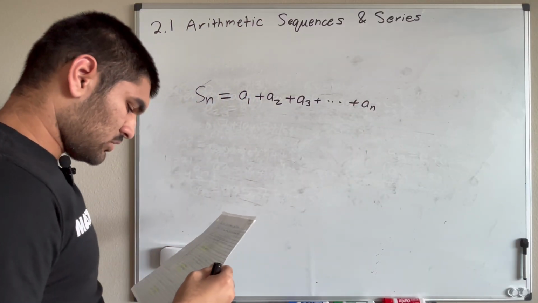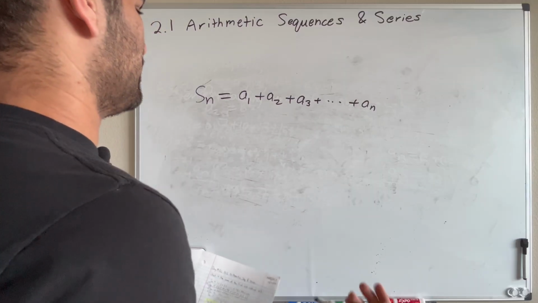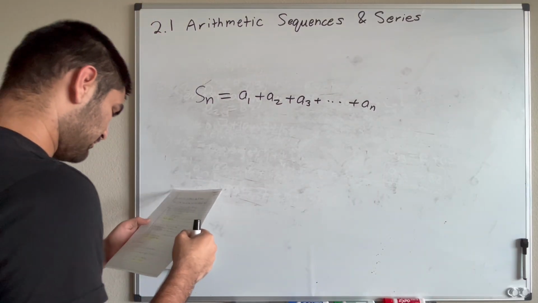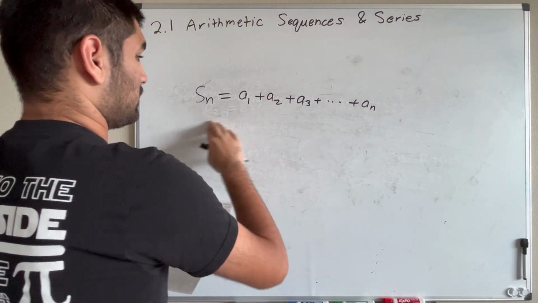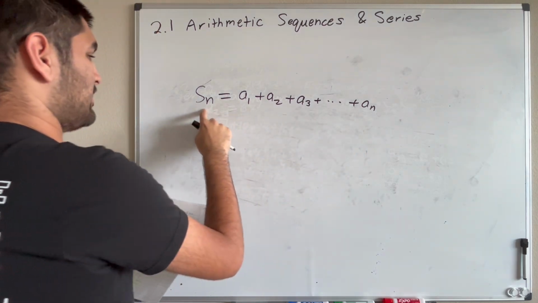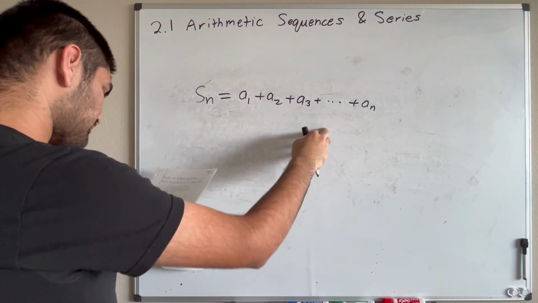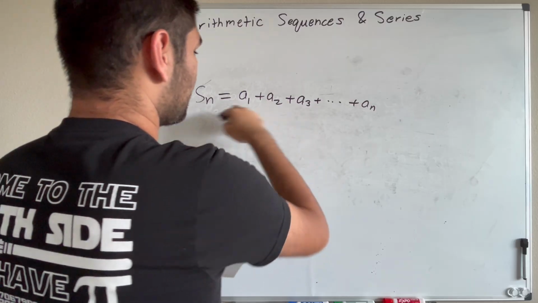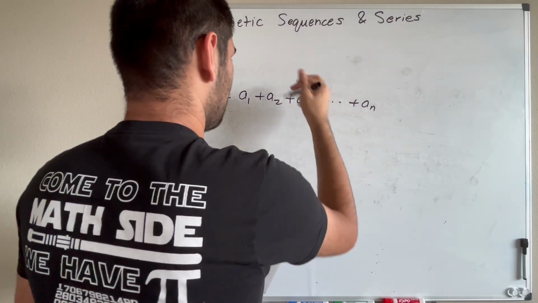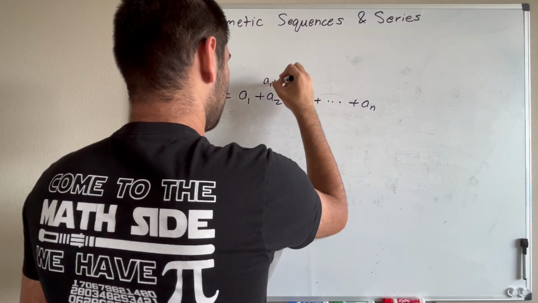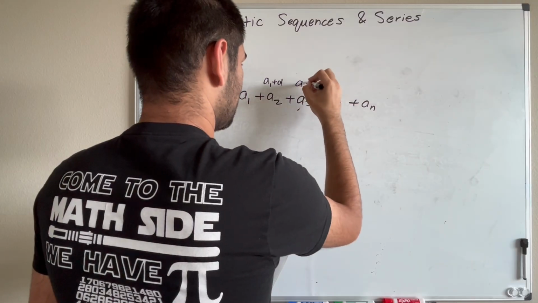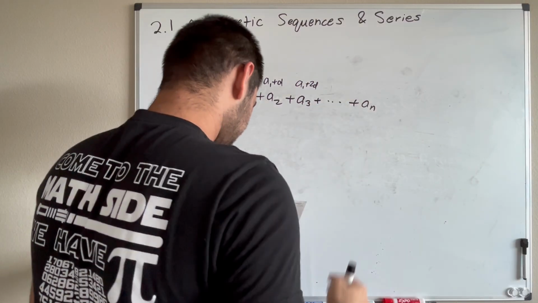So now let's try deriving the general formula for the arithmetic series. Let's say Sn is the arithmetic series, and as we just discussed, a2 is just a1 plus d, right? a3 is a1 plus 2d, and so on.